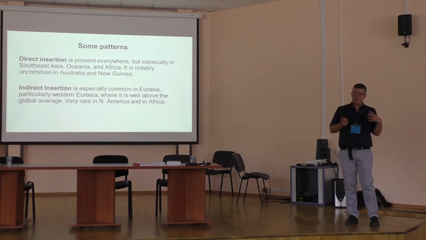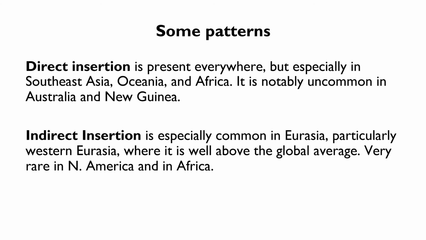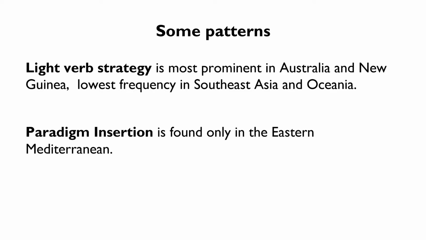So if you look at it a bit more closely and not just as points on maps, we can see that direct insertion, you can find it everywhere in the world, but it's really prominent in some places in the world. And the same thing goes for indirect insertion. You can find it everywhere, but it's very common in Eurasia, especially Western Eurasia. The light verb strategy is very prominent in Australia, and paradigm insertion, as we said, is very geographically limited.